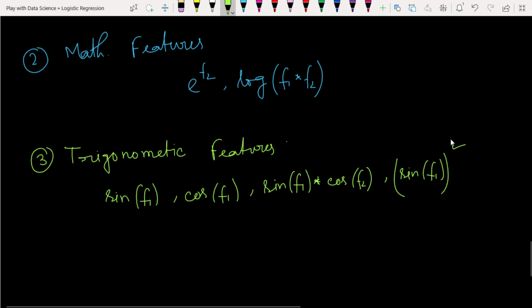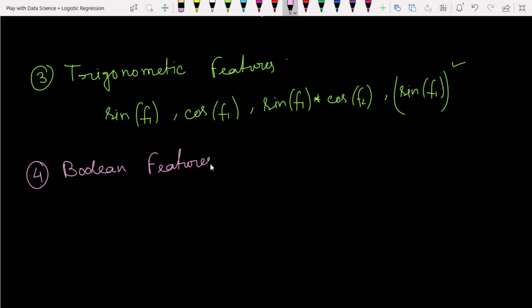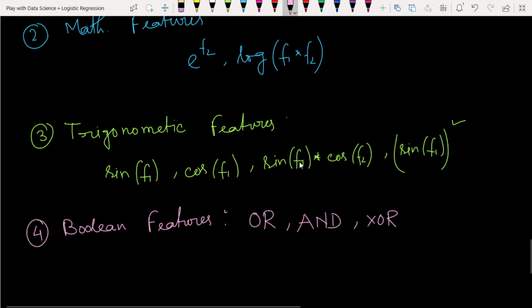This type of feature is called a trigonometrical feature. Now the fourth kind is the Boolean feature transformation, such as or, and, or.